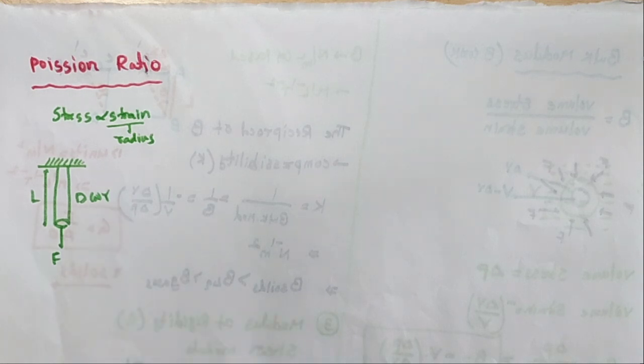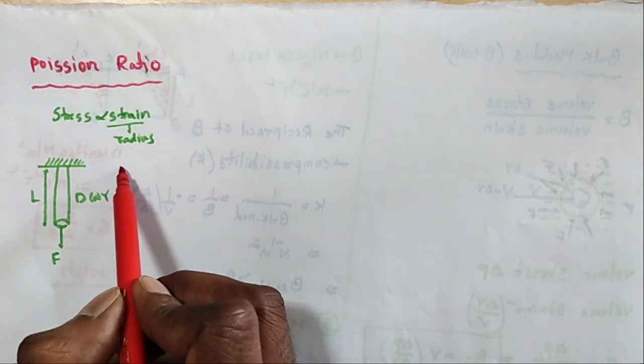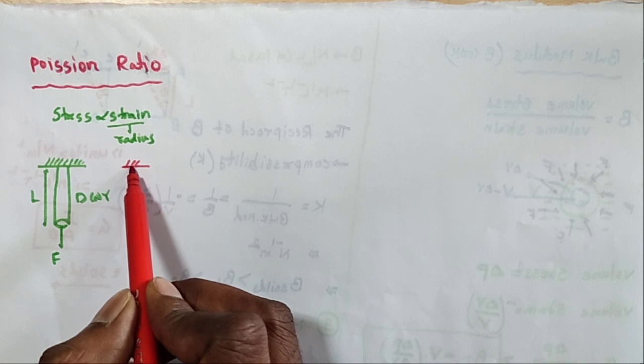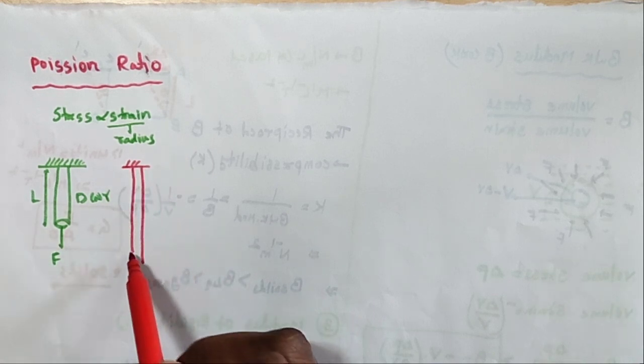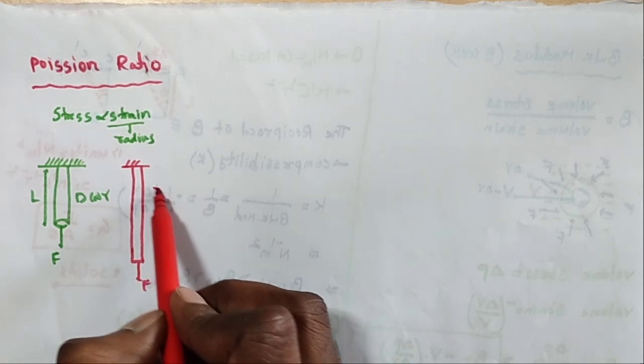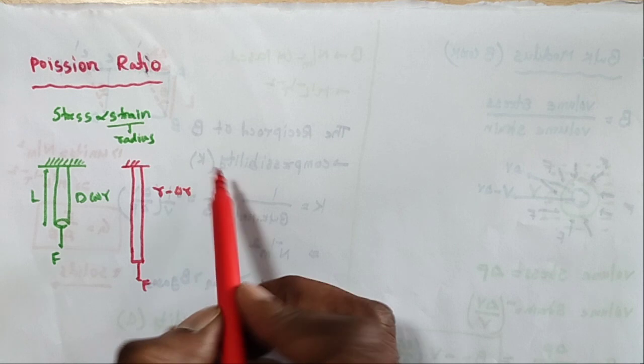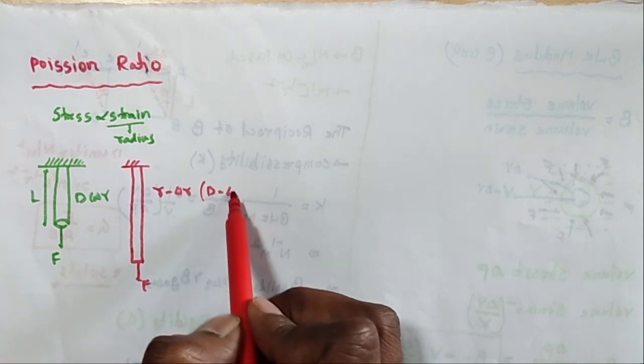When the force is applied, what happened? The thickness of this wire, which is very small, will be reduced, radius r minus delta r or d minus delta d.